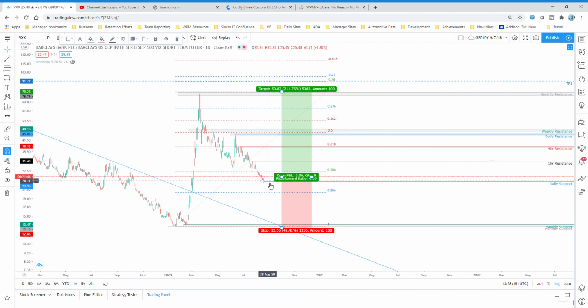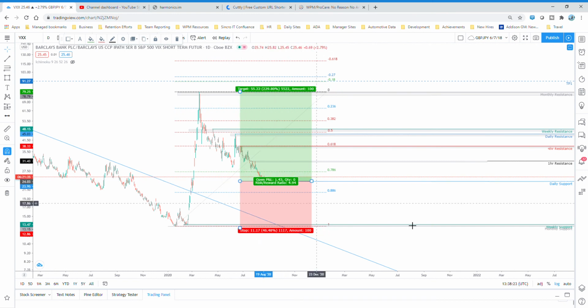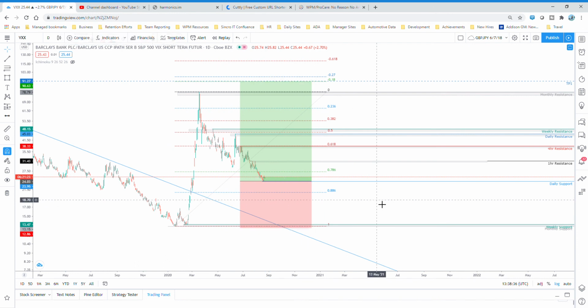If price pulls back and you're able to get in lower, that increases your risk to reward ratio, right? So if you're able to get it here at the daily support level, that gives you basically a 5-to-1 risk to reward ratio. Pull that up, right? 5-to-1. Almost 6-to-1 risk to reward ratio. So something to take a look at.